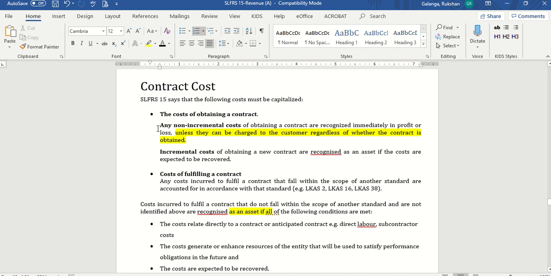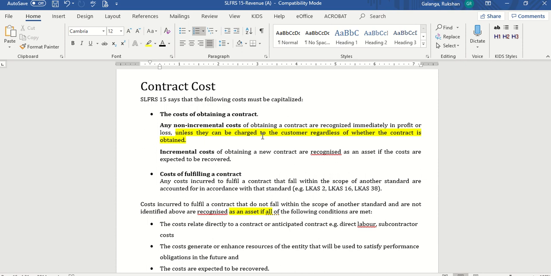What sort of costs? First one, it says the cost of obtaining a contract. Say you agree with the customer to put up a building and you enter into the contract. For that, a lawyer charges you a fee. What should you do for that fee? Are you going to charge that legal fee to the P&L account, or are you going to recognize that as an asset?